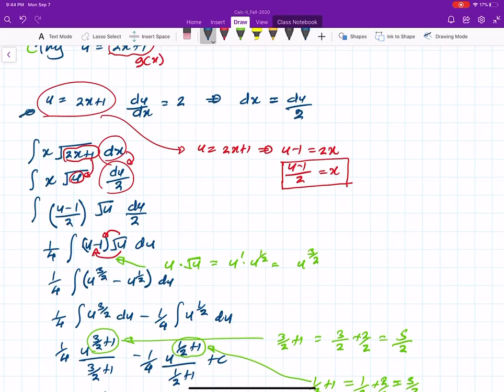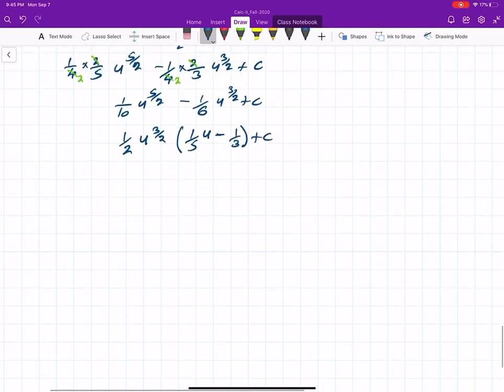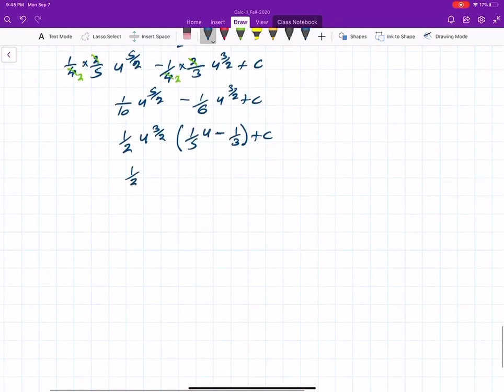So you have to substitute back 2x plus 1 for u. Okay, so you write this as half 2x plus 1 to the power 3 over 2, 1 over 5 times 2x plus 1, and then 1 over 3.